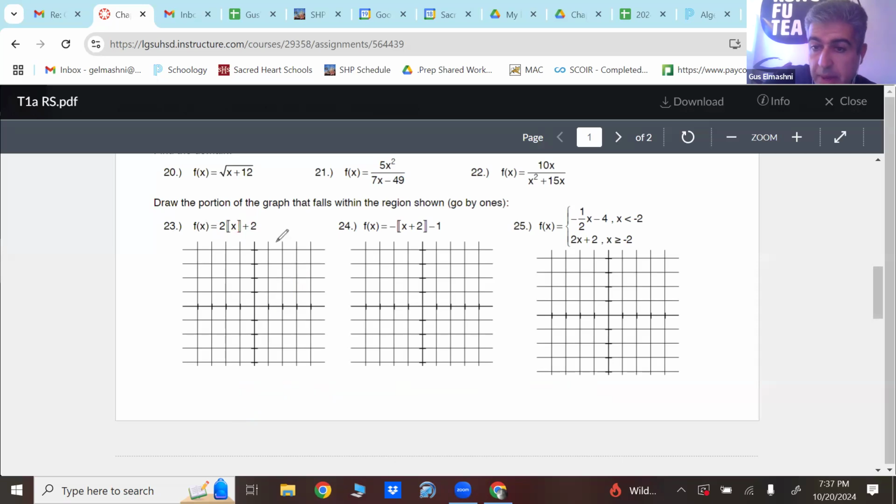But because of the transformation, you have to multiply the y values by 2 and then add 2. That portion, I have to multiply by 2. Well, it's still going to be 0 anyway. But I add 2, so it's right here. The next one, if I multiply by 2 and then add 2, it'll be at 4.